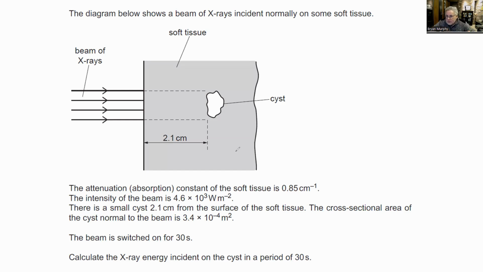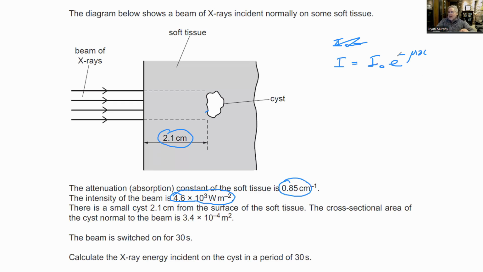So first of all, when it goes in, that's I naught. So what happens when it gets to the cyst is we've got I equals I naught e to the minus mu x. It's gone 2.1 centimeters and the attenuation coefficient is that.